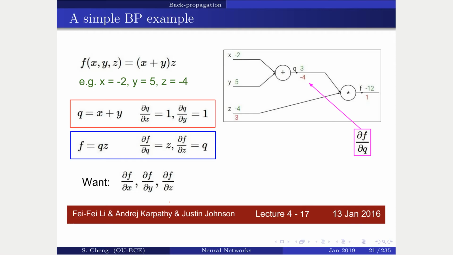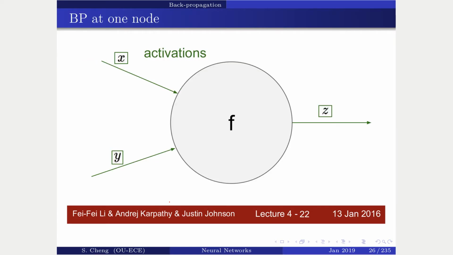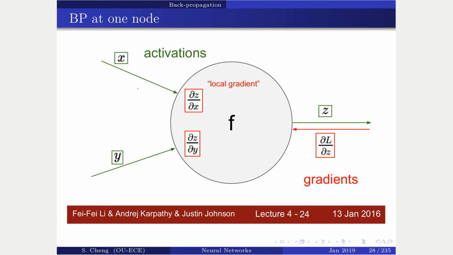So this is just repeating what I said. During the forward pass, we not only compute the output, we also compute the partial derivative of the output with respect to each of the individual inputs.